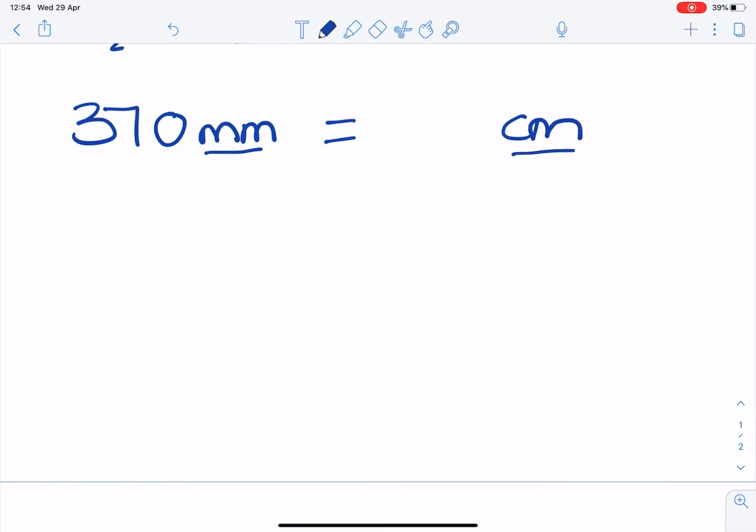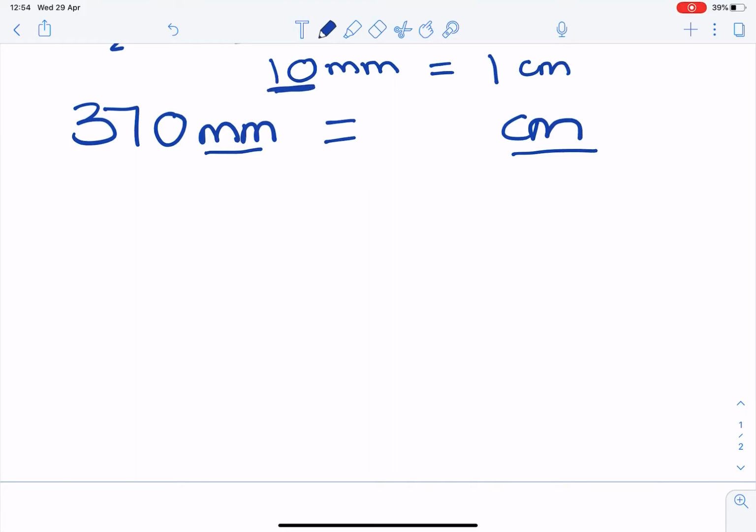If we look at example 3, they are asking us how many centimeters there are in 370 millimeters. How many centimeters are there in that? Well, we're going from millimeters to centimeters, and our clue said that 10 millimeters equals 1 centimeter.